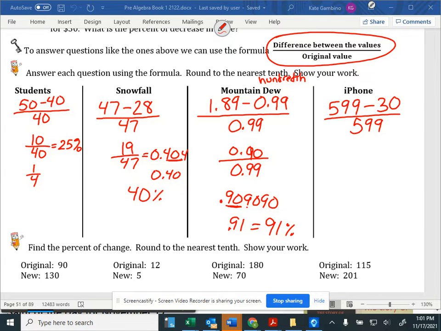You find that difference and divide it by the original. 599 minus 30 is 569, divided by 599. So 569 divided by 599 is going to be a pretty high percentage. What is that percentage? Who has found it?